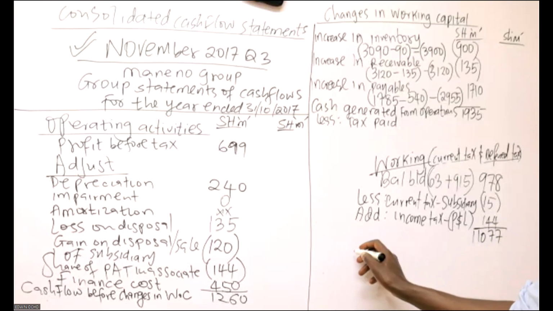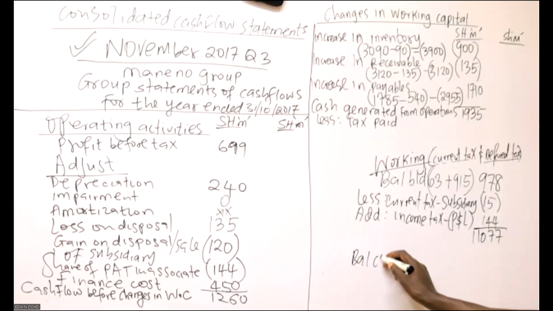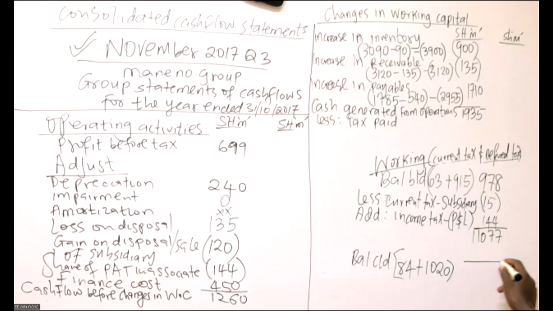And now we skip one line, then we say balance carried down. Again, we take current tax plus deferred tax for 2017. 84 plus 1020.